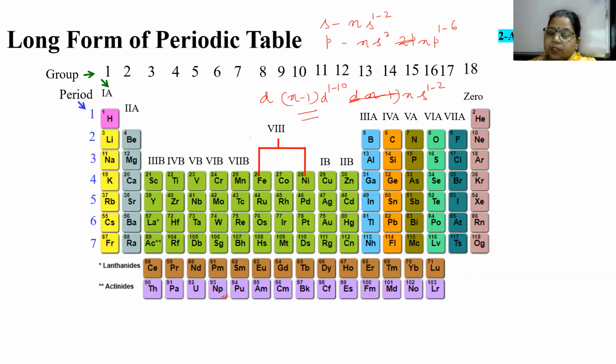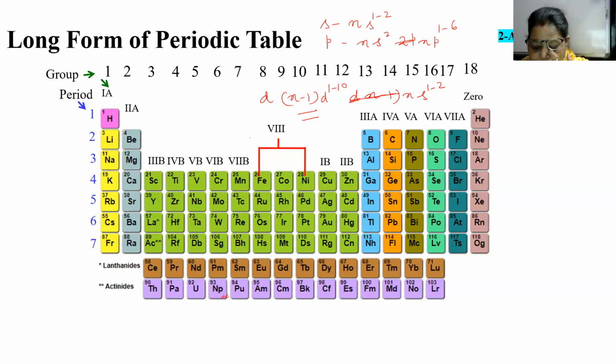But from 3B to 7B, 8, 1B, and 2B, all of them have 2 shells, that is the valence shell and a penultimate shell incomplete. Is this point clear to all of you? Yes, ma'am. Okay, please note it down. It can be a question of reasoning or maybe a multiple choice question anywhere.